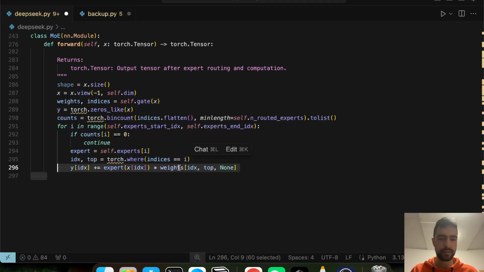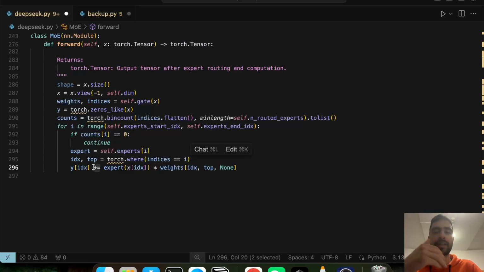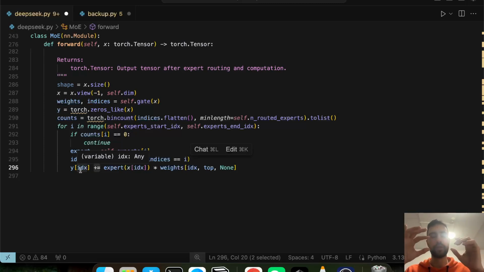After that, this is the output of the expert. And we are saying plus equals because this output might be affected by multiple experts. So whatever we have here, we will just add the output of this expert as well. Because as I said, each vector embedding is processed through multiple routed experts, and we need to add up their outputs.